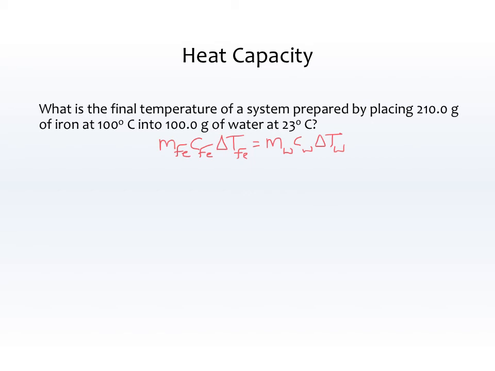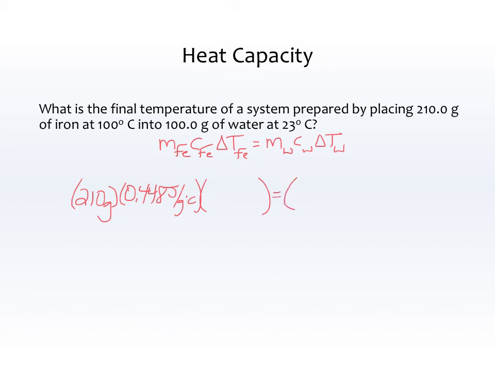So now all we're looking for is the delta T, essentially the final temperature. So let's plug in everything else. The mass of the iron is 210 grams. Specific heat of iron, since that's not what we're looking for here, you can totally look it up on your chart, 0.448 joules per gram degrees C, or you can use 0.45 like we found in example 16, times delta T. I'm going to leave that blank for the moment.